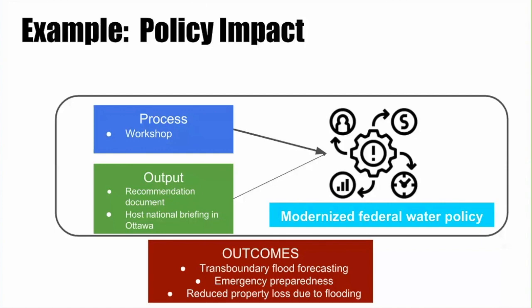At the end of the day, we can't yet evaluate whether we have better transboundary flood forecasting or better emergency preparedness, which will eventually reduce the property or lives lost in Canada. But we hope to be able to. What we can do is evaluate our processes and our outputs.